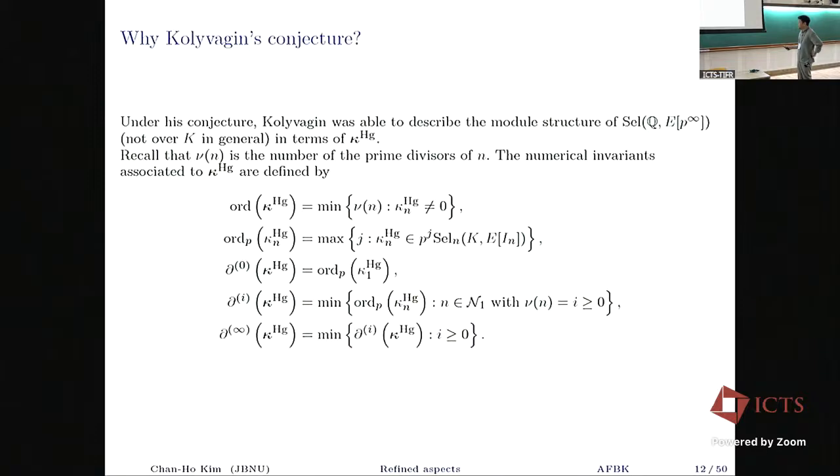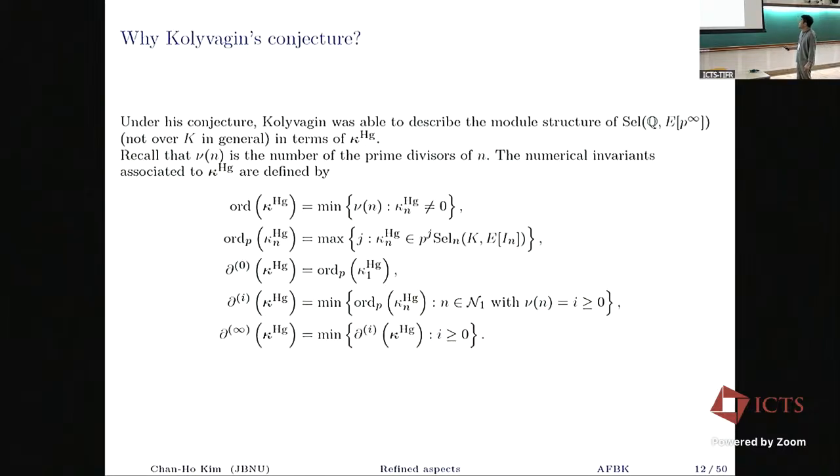For each kappa n, we measure the p-valuation by checking the maximal j such that p^j divides it in the Selmer group of n, so the maximal divisibility. Now partial zero is nothing but the divisibility of the base Heegner point. Partial i is similar to yesterday's delta n business: it means the minimal valuation over all n satisfying nu n equal to exactly i. And partial infinity of kappa Heegner is basically the minimal valuation of the whole kappa n.